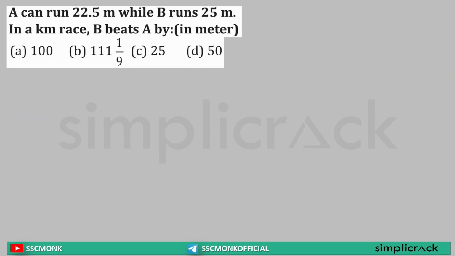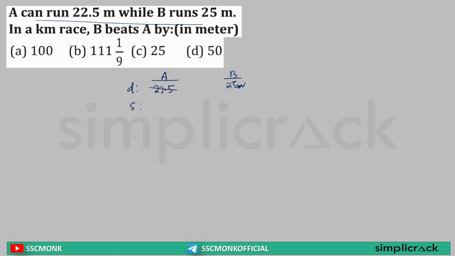Sir, A can run 22.5 meter while B runs 25 meter. When A is running 22.5 meter, B is running 25 meter. That means the time is the same, because here it is saying A runs this meter while B runs this meter. That means the ratio of distance is equal to ratio of speed.